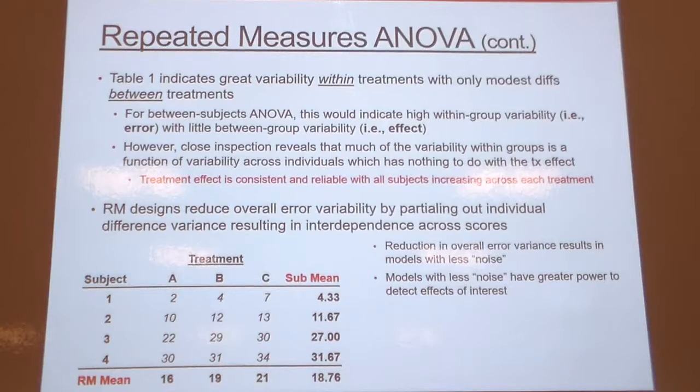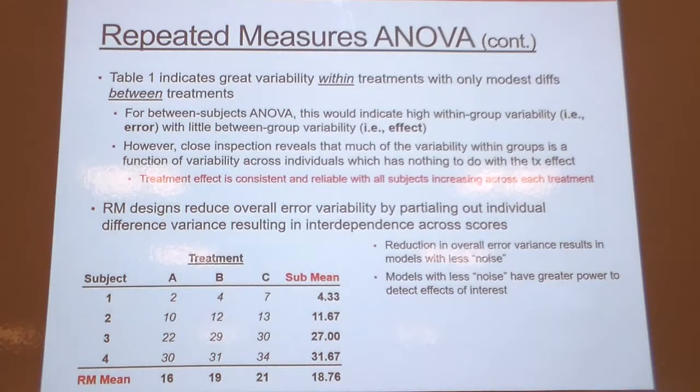And so what we're doing with our repeated measures design is parceling out our individual differences. All the individual differences that we're seeing across people, like where they start, we're just sucking that out. That's just a whole bunch of error, right? We're going to take this out, and it's going to reduce our noise.